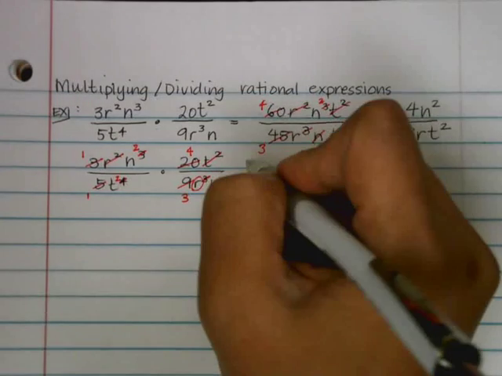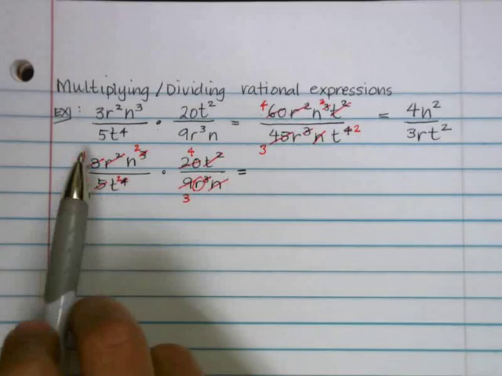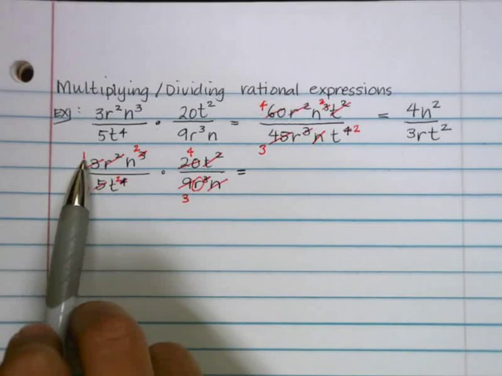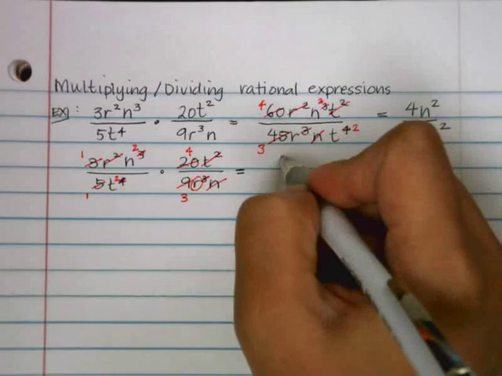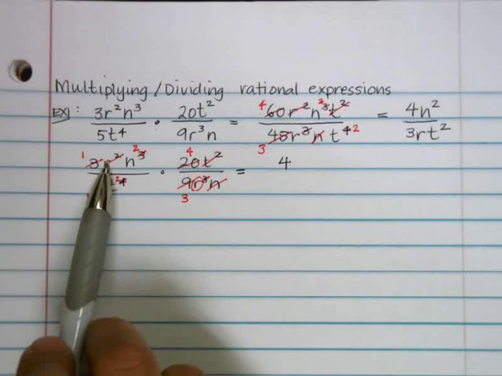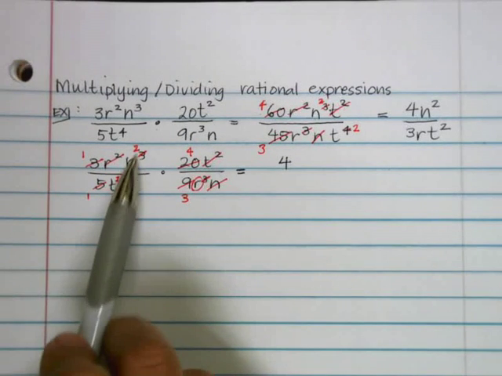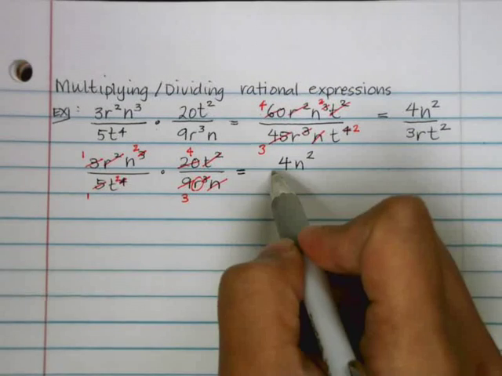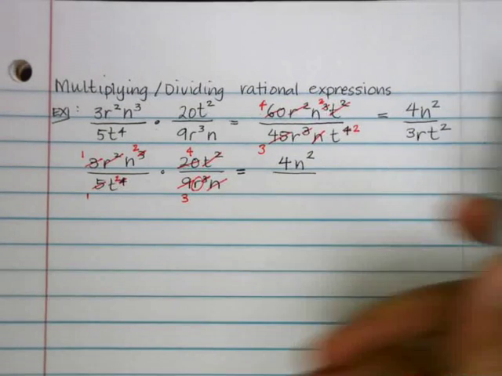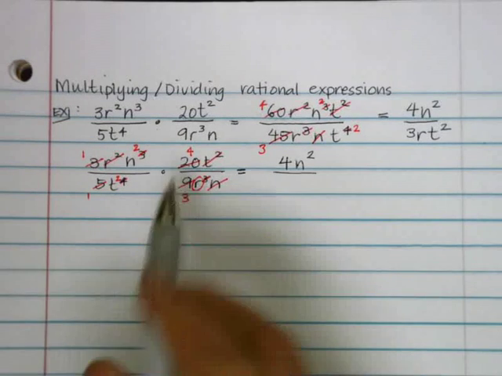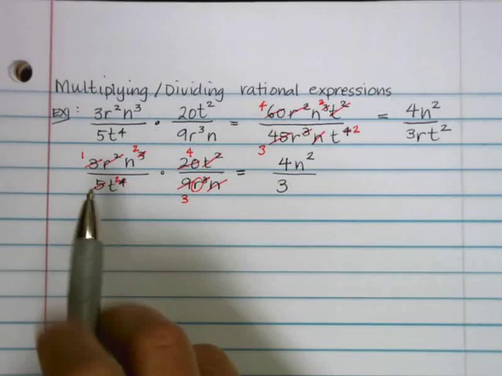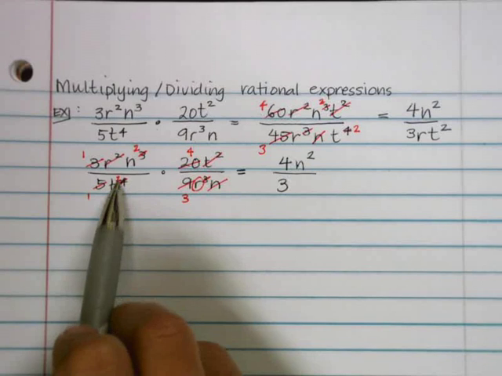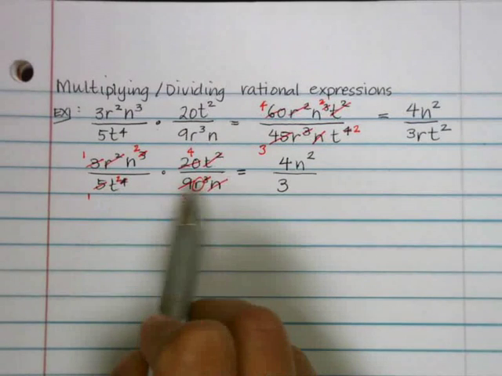All right, so let's figure out what's left after we've canceled common factors. In terms of the numbers, you have 1 times 4, which is 4. In terms of the variable, you have n squared left on the numerator. That's all that's left on the numerator. The denominator, you have 1 times 3, which is 3. And then you have t squared and the r.